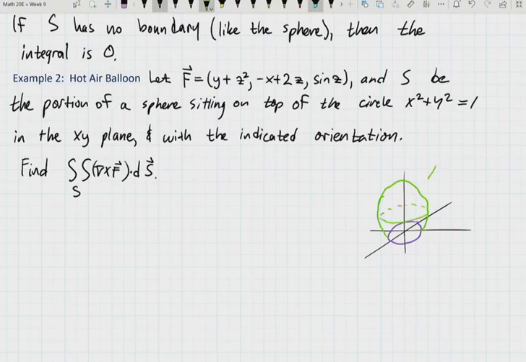That sphere is S. So S intersects the xy plane in the unit circle. I didn't even say where it was centered, because just like Mike was pointing out, you don't actually need to know details about S. It's sufficient to answer this question.